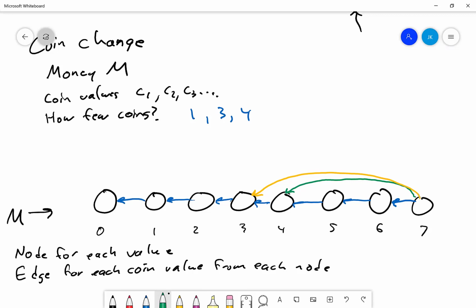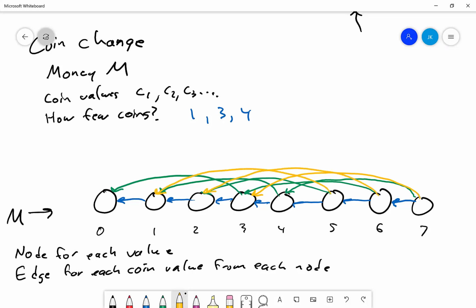I'm going to have one that goes back 3. And I'm going to have one that goes back 4. Okay, so there's my graph.